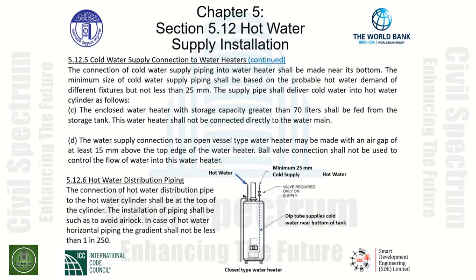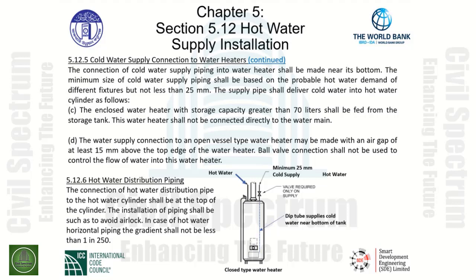Continuing, item C indicates the enclosed water heater with storage capacity greater than 70 liters shall be fed from the storage tank. The water heater shall not be connected directly to the water main.